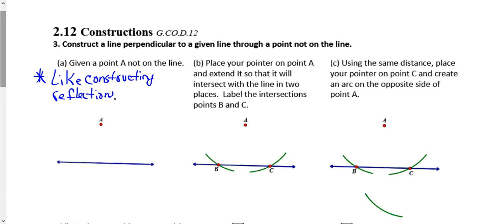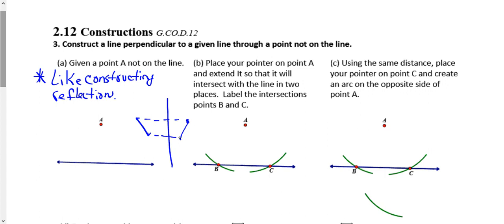Because what do you remember about when you do a reflection, the line of reflection, as it goes through the path that the points took to be reflected? Line of symmetry. So real quick, let me put a line of reflection there, and then reflect it over here. That's way off, but this point took that path, and this point took that path.